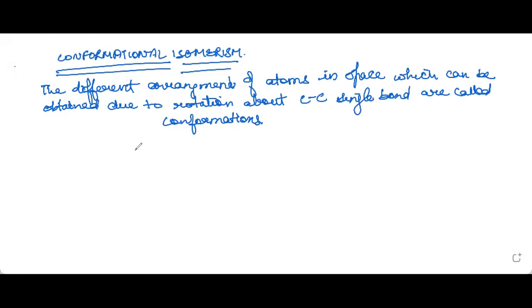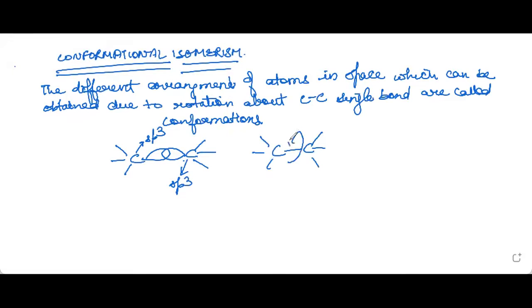So we have already discussed that when a carbon-carbon single bond is formed, there is sp3 hybridization of the carbon. So this carbon is sp3 hybridized, this carbon is also sp3 hybridized. There is a single bond between these two carbon atoms, and the rotation across this single bond is possible. Now this will lead to different kinds of arrangements. If we say that the rotation across a carbon-carbon single bond is completely free, it is not the case.